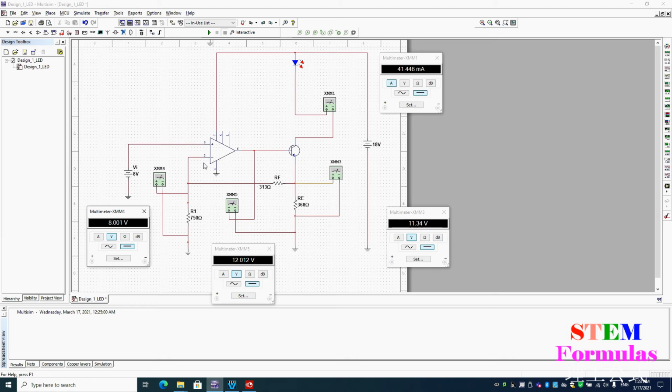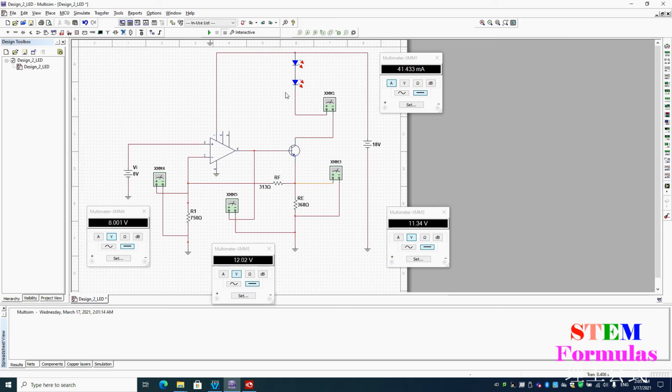Now we observe that the voltage between the inverting pin of the op-amp and ground is 8.001 volts. That is, V plus is almost equal to V minus. And the current through the LED is 41.446 milliamp. This result is close to our calculations. VE equals 11.34 volts, which is also close to our calculations.